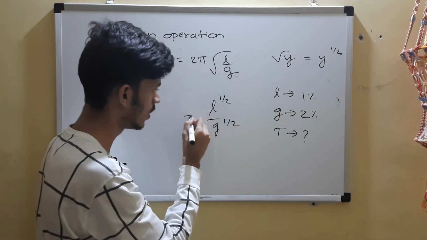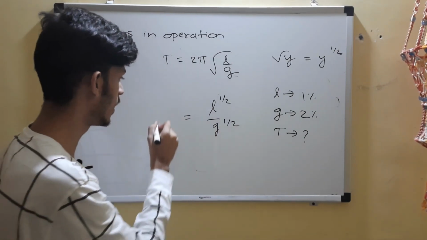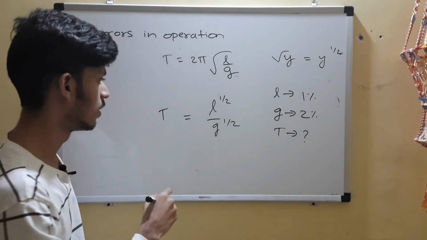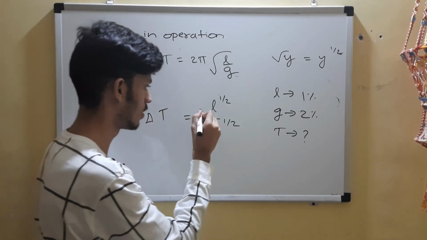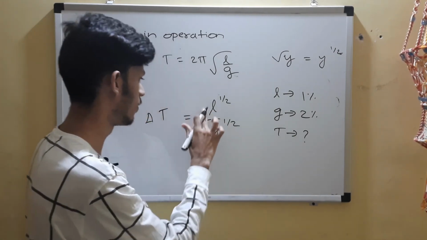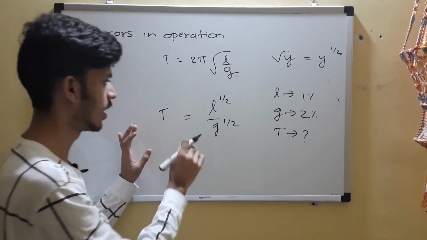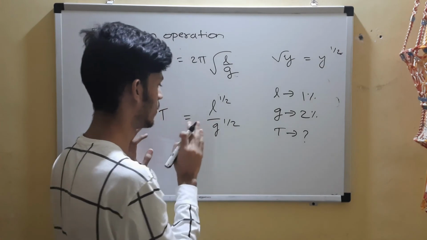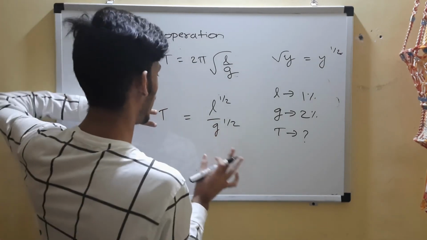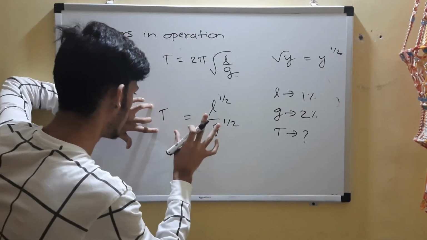So can you see it? Now I am writing it in forms of error. So error in T is error in L. Okay, I won't write this. So since I am writing for error, I have dropped that 2 pi. So this is not actually correct, but okay, I'm using the logic.